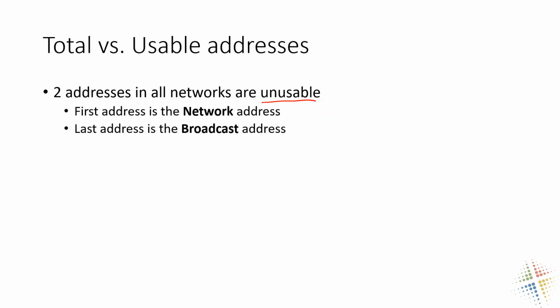So for instance, if I had a network 192.168.42.0/24. Now this would traditionally be a class C network with a subnet mask of 255.255.255.0.